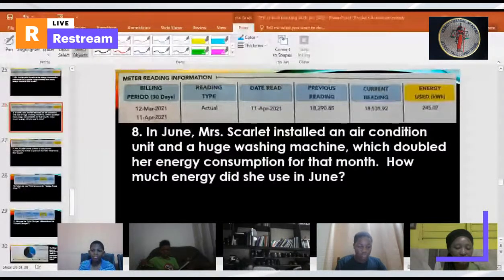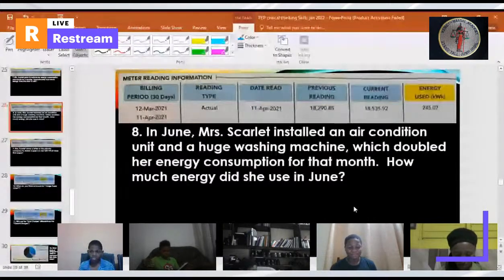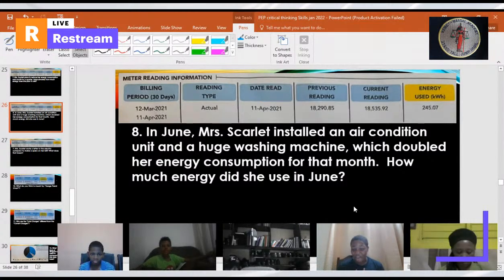Miss, we added it by itself or multiplied by 2. What are you adding by itself? What energy are you talking about? 245.07 kilowatts.